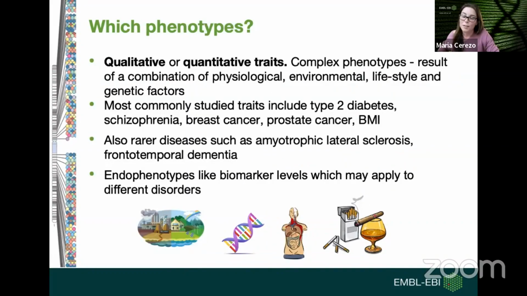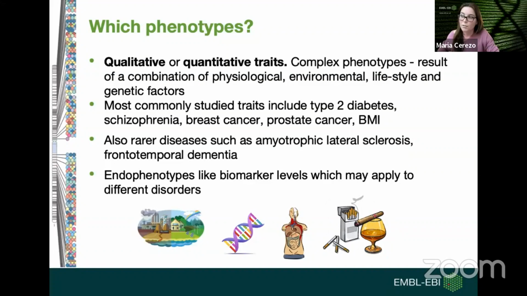So which kind of phenotypes can appear in the GWAS catalog, because people study them in GWAS studies? Complex phenotypes, not Mendelian traits, which are caused by multiple genes in combination with environmental and lifestyle factors. They can be common diseases like type 2 diabetes, or also rare ones like frontotemporal dementia.